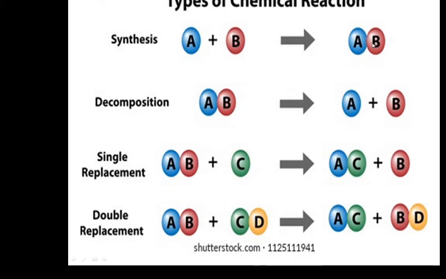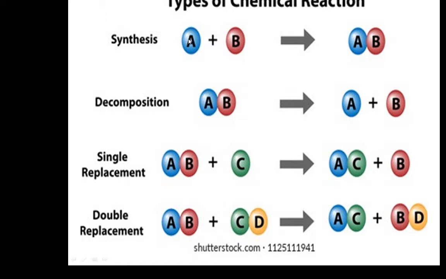In a synthesis or combination reaction, when two reactants react with each other, they combine and synthesize a product. That's why this reaction is known as a synthesis reaction or combination reaction.